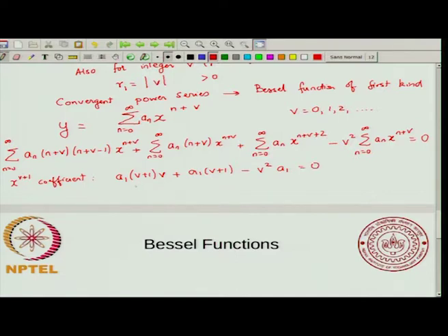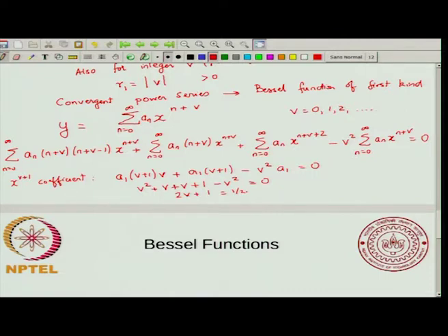So if you cancel the a1, you get (v plus 1) v plus (v plus 1) minus v squared equal to 0, which is v squared plus v plus v plus 1 minus v squared equal to 0, and therefore you get 2v plus 1 equal to 0.